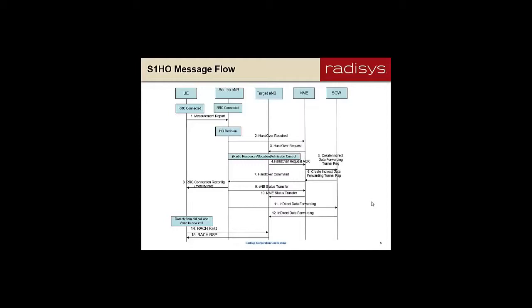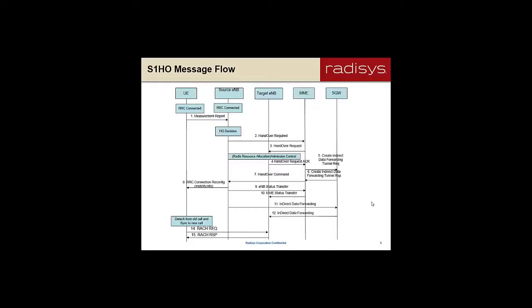The source eNodeB performs the handover decision based on the measurement report and sends the handover required command to the MME. The MME replies back. The MME forwards the handover request command to the target eNodeB, which performs the radio resource allocation and admission control. The target eNodeB then sends the handover request acknowledgement to the MME.